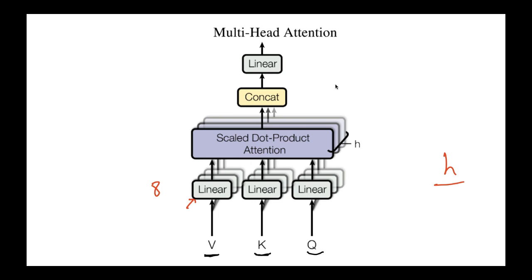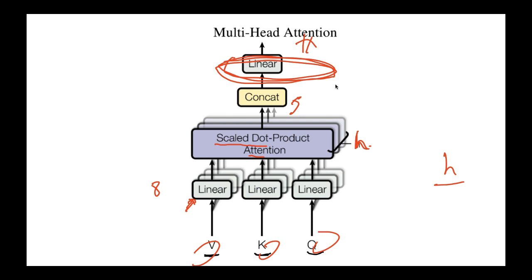Then you have the scaled dot product attention, which you have H of, and you concatenate back to the original dimension, your input dimension. Then there is another projection layer. Then after that, you have your output.